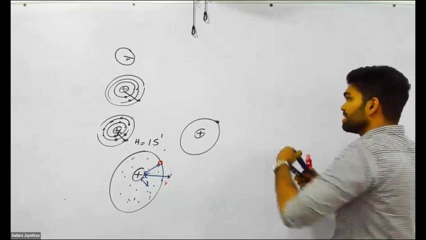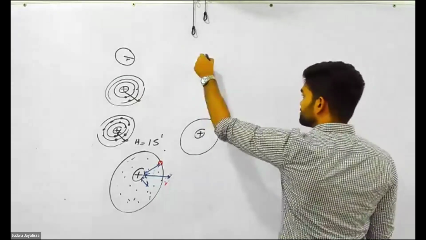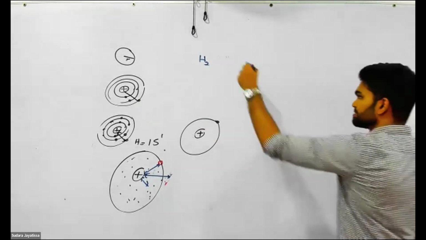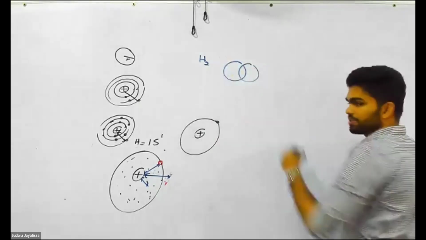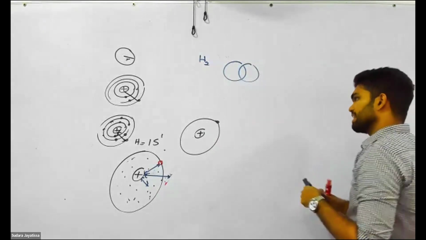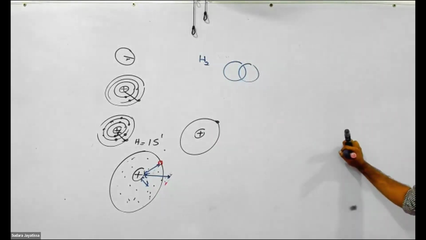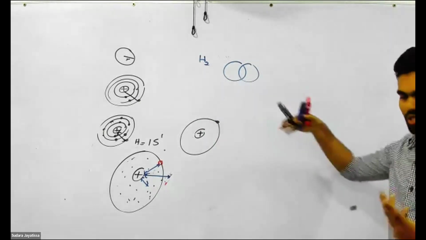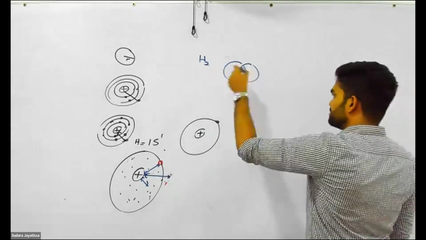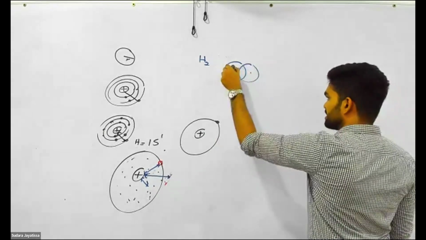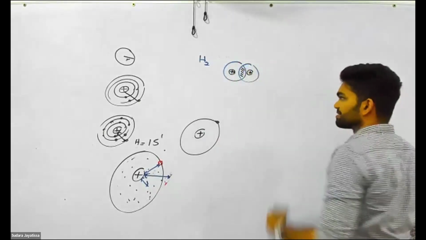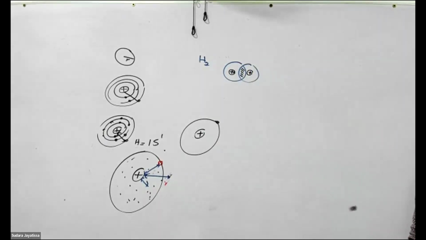Now, take for example the hydrogen molecule, H2. How did you draw hydrogen at O levels? In A levels also we draw it in a similar way because hydrogen has spherical s orbitals. These are the nuclei, and now the electrons are limited to this location. They can't go here and there.